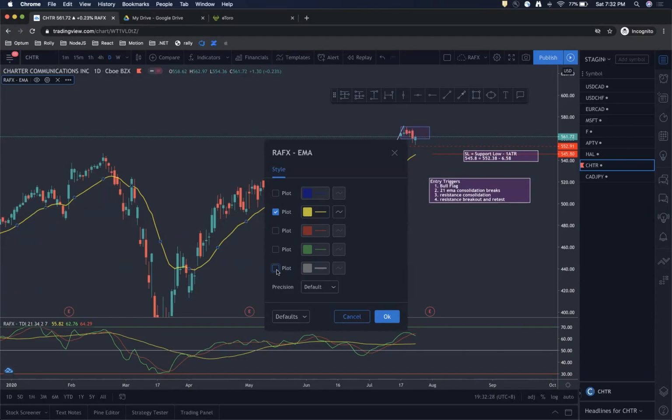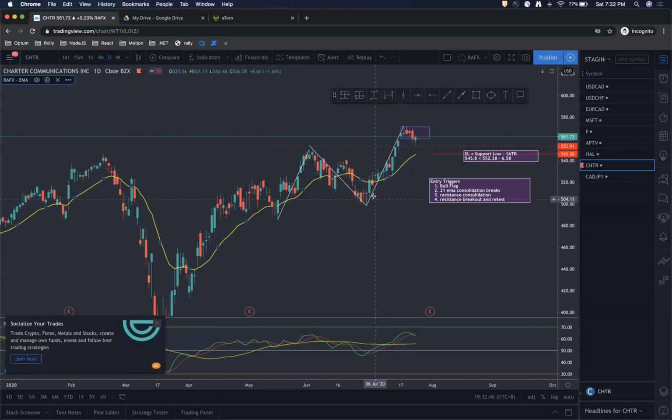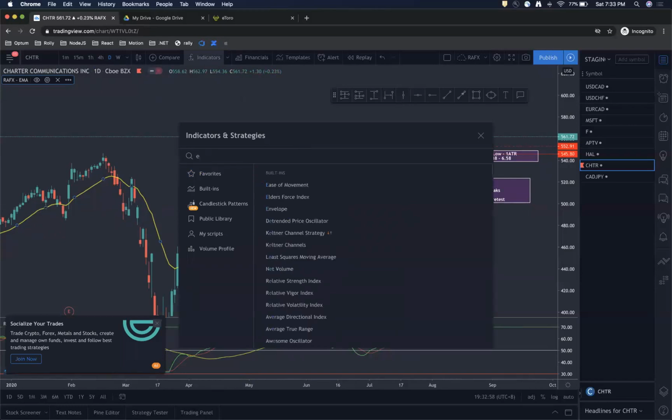Since we are going to discuss a short to medium term swing trade, we're going to use 21 as our moving average. You can find that EMA using your indicator here, and I think they just have EMA, if I'm not mistaken.